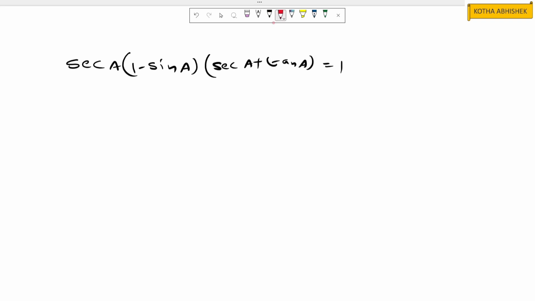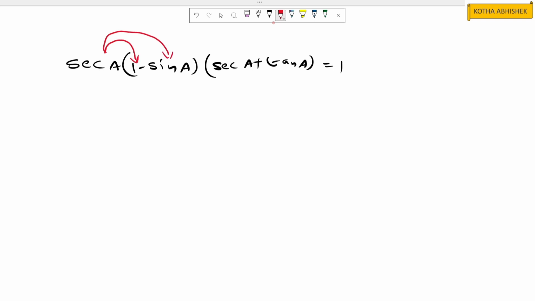Let us solve some problems based on this trigonometry. Prove that sec A into 1 minus sin A into sec A plus tan A equals 1. Here, outside the bracket secant A is there, right? I am multiplying that with each and every term inside the bracket.